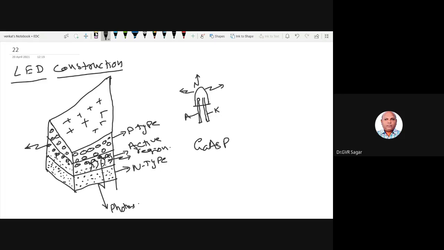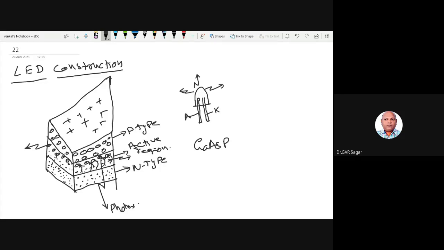In this region, electrons recombine with the holes all the time. This region we call the active region. When electrons and holes continuously recombine in this active region, light energy is continuously released. Photons are released. And the physical symbol we are showing here.